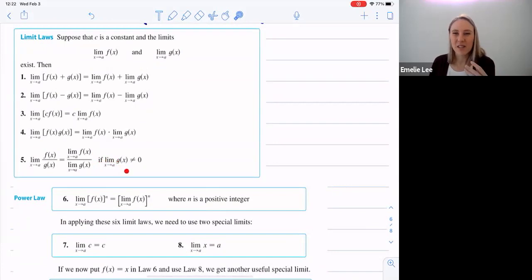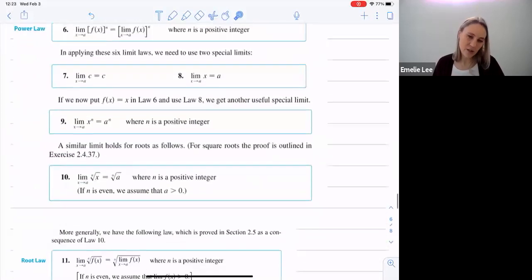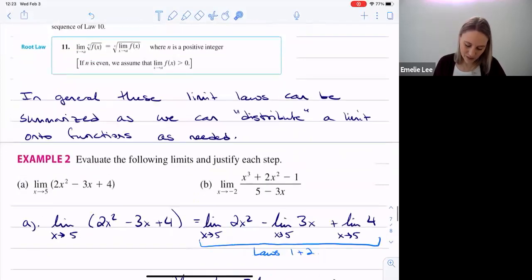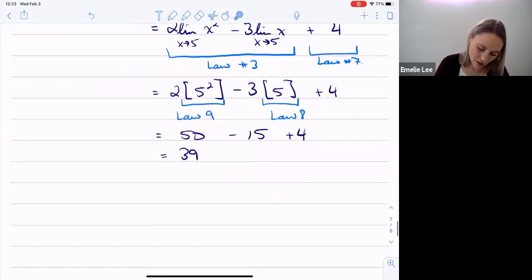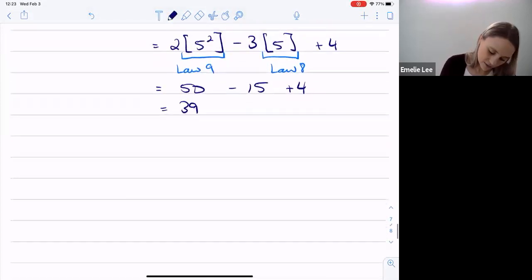And remember we said assuming that the limit of the denominator is not equal to 0. So we're going to go ahead and use this property, and then at the end we'll just make sure we're not dividing by 0. If we are dividing by 0, that would put a stop to things anyway, so you'll see.